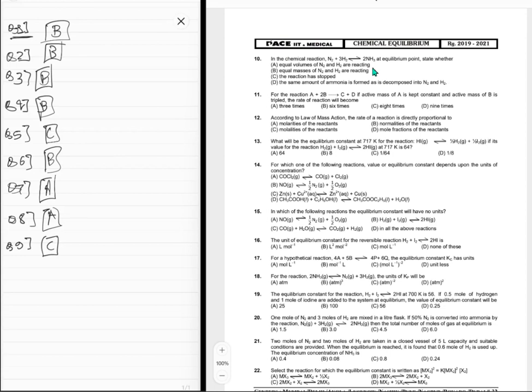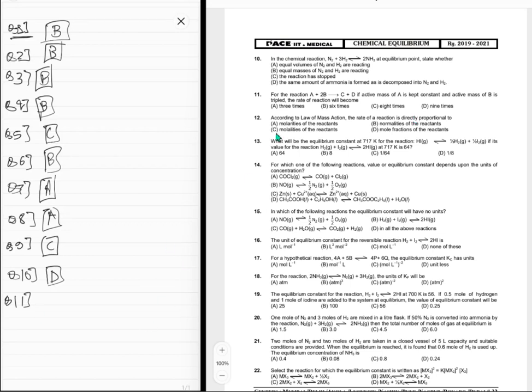No. The reaction is stopped? No. The same amount of ammonia is formed as decomposed, yes. So D is correct. Question number 10, D. Question number 11. For this reaction, if the active mass of A is kept constant and the active mass of B is tripled, the rate of reaction will become.